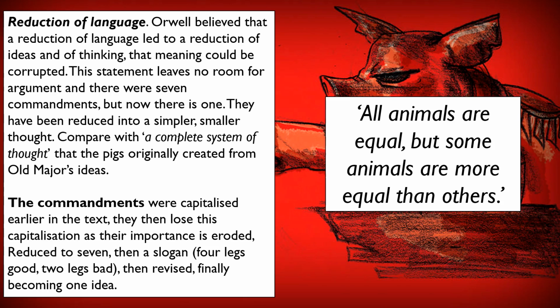This reduction of language is important because Orwell believed that a reduction of language led to a reduction of ideas and of thinking, and that meant that you could be controlled more easily, that people could use that to manipulate others. The book he wrote after Animal Farm, 1984, is all about the idea of removing words from the dictionary to make it easier to control people.